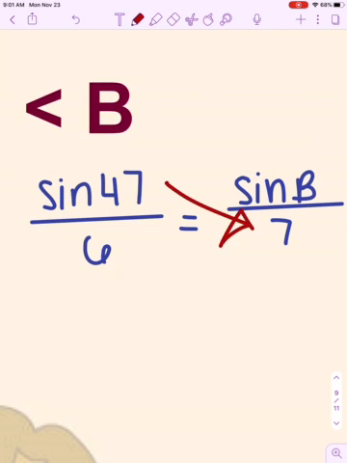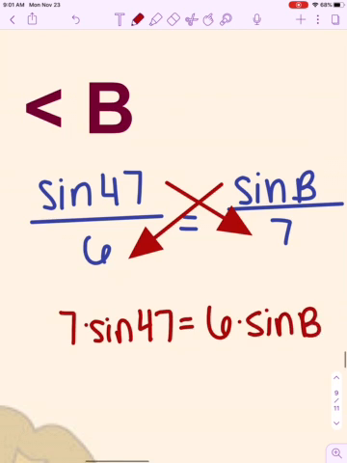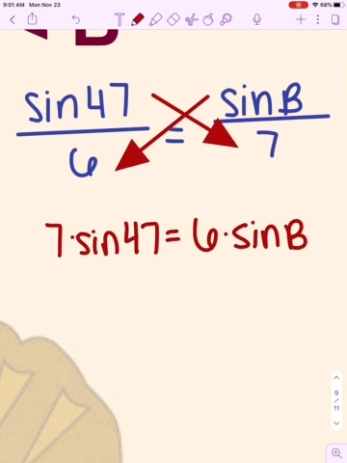Cross multiply. I'm not going to show as much work on this one. So we have 7 times the sine of 47 equals 6 times the sine of B. So we do 7 sine 47 in the calculator and get 5.1 something. Divided by 6, get 0.85. Second sine, second answer.